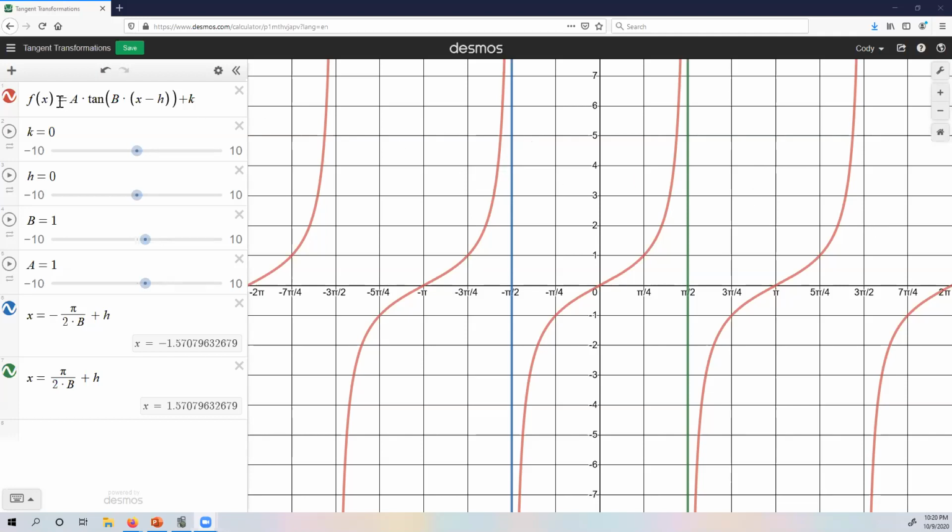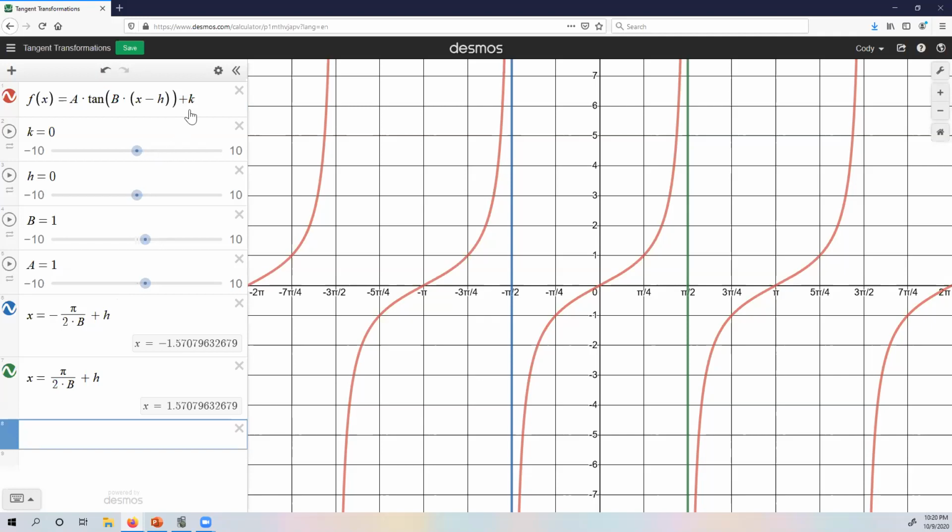And notice also here in my function, I have put this little form here that's that general form for a tangent function that's very similar to what we saw for sine and cosine, which just allows us then to see what changing these values will do to the graph of our function.